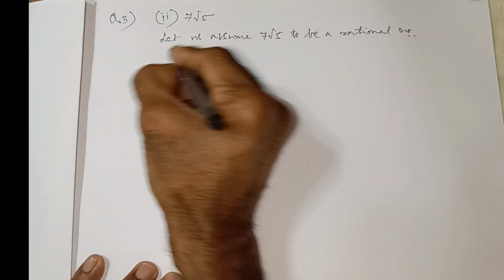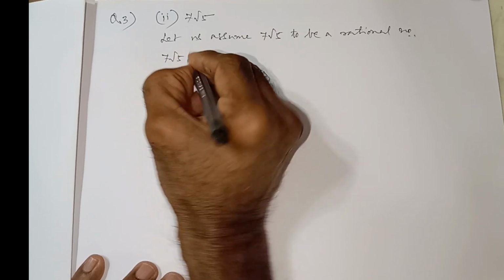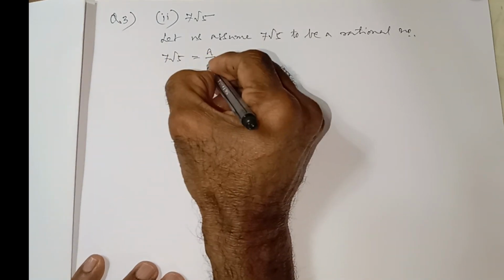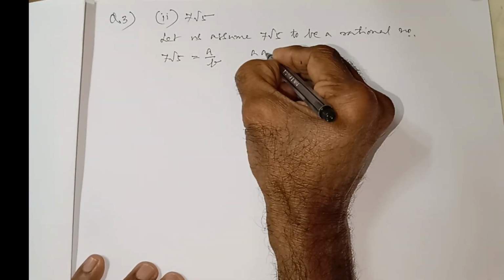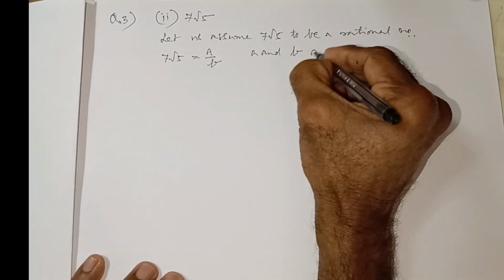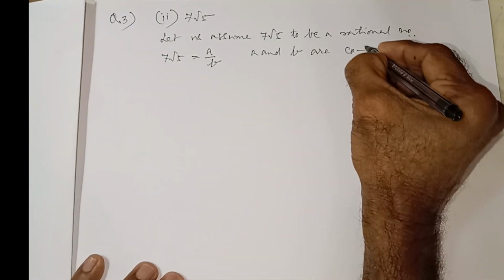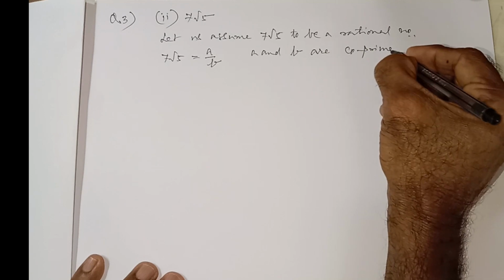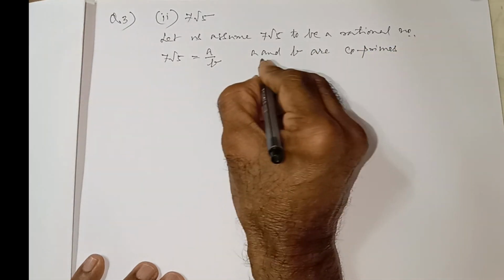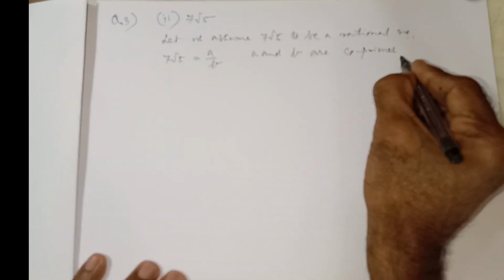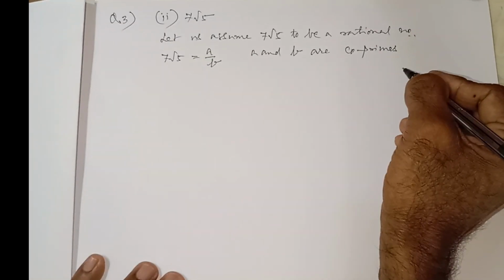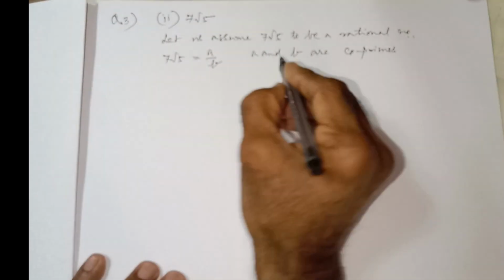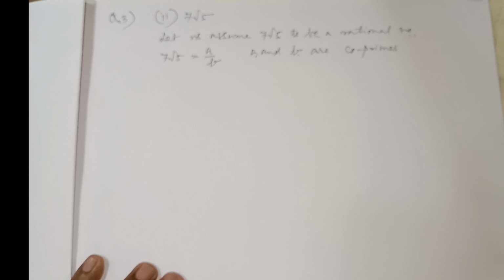If this is a rational number, it should be equal to a by b, where a and b are co-primes. Very important. This is the only point which will further prove that this number is irrational. a and b are co-prime.